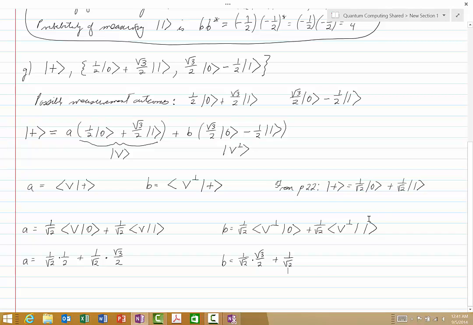And then for here, the inner product of v orthogonal with 1, you can see with here that when we take the inner product of this with 1, we'll get minus 1/2.